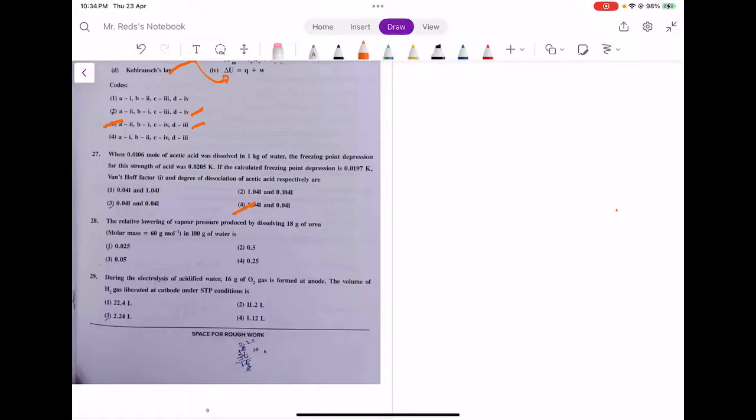Here the relative lowering of vapor pressure of the solution is directly proportional to the mole fraction of the solute, that is, the number of moles of urea by the number of moles of H2O.